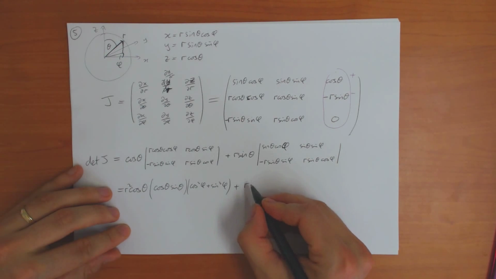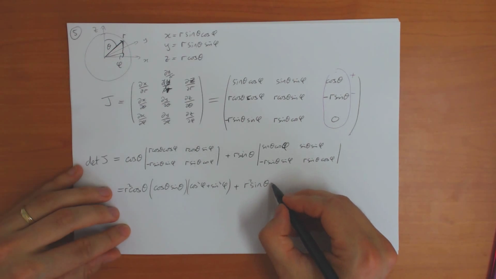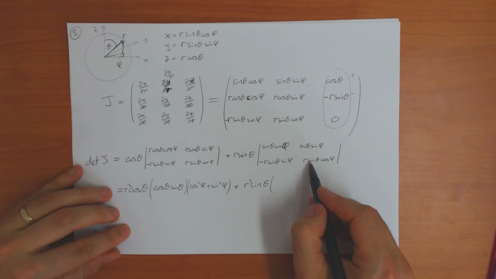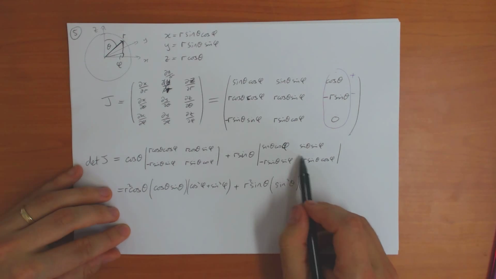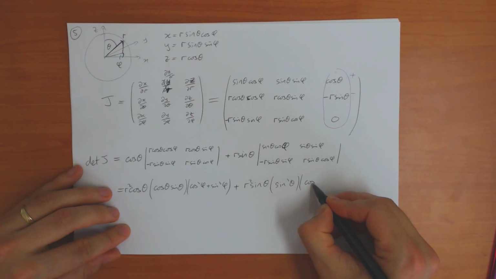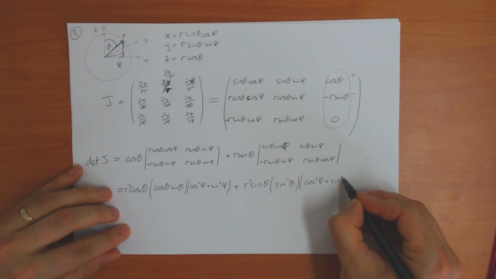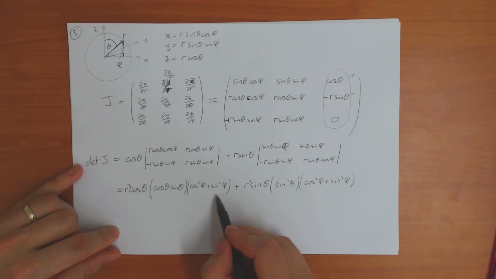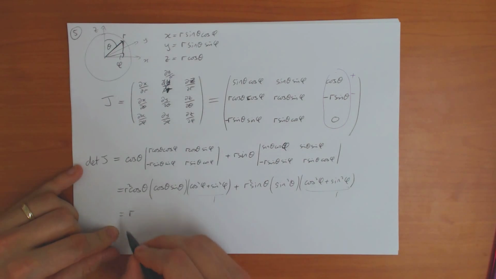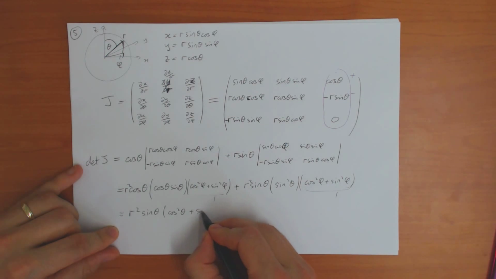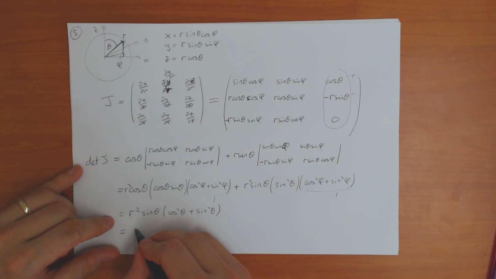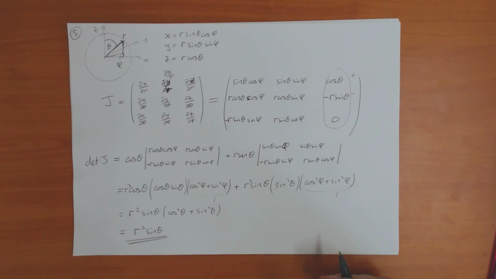And here again you get another r, so you get r squared sine theta, and here you get sine squared theta, and cos squared phi plus sine squared phi. Okay, so this is 1, this is 1, and then you've got a sine theta you can take out, so you get r squared sine theta times cos squared theta plus sine squared theta, so the final answer is just r squared sine theta is the determinant of the Jacobian matrix.